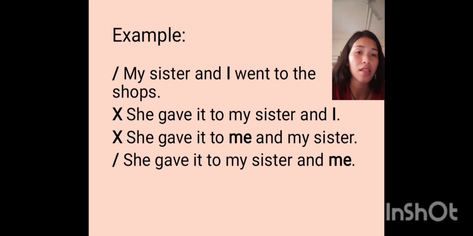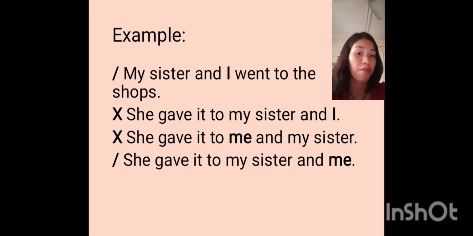This sentence I mark check because it does follow rule number 3. On the other hand, the second and the third sentences I mark X. Why? Let me read this. She gave it to my sister and I. And the other one is, she gave it to me and my sister. As you can see, it is ungrammatical and unacceptable for generative syntax, because what is the sentence trying to imply to us if we use I and me incorrectly?